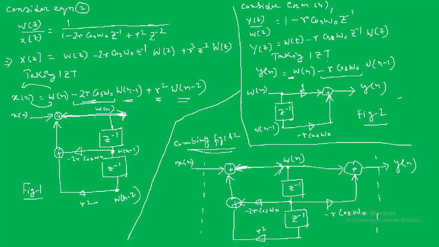W of n minus 1 is there both on the input side as well as on the output side, but they have different weights, minus 2r cos omega naught and minus r cos omega naught. So these are the two different paths, and here r square we have as another one. So this is the total combined figure for the direct form 2 realization of the given problem.